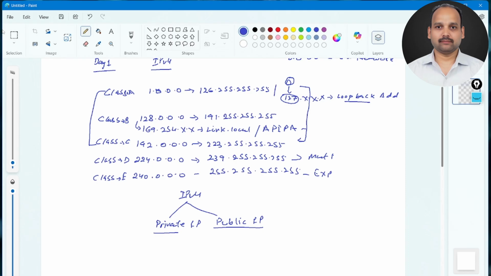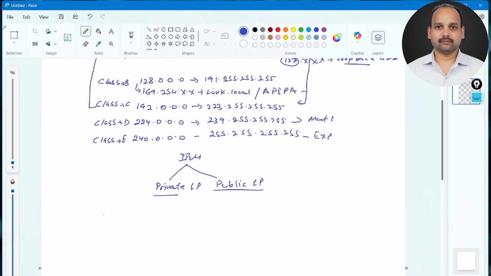In class A the reserved private range is 10.x.x.x/8, in class B it is 172.16.x.x with /12 bits, and in class C one reserved range is 192.168.x.x/16.